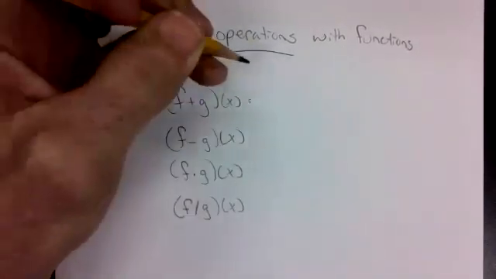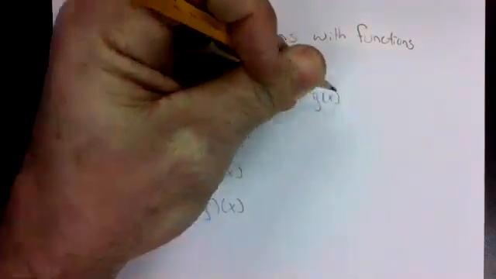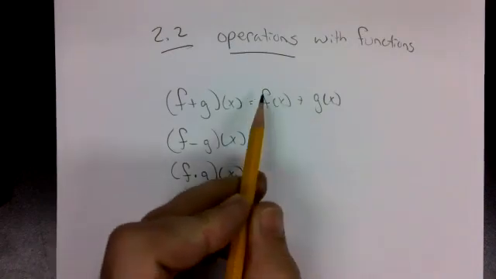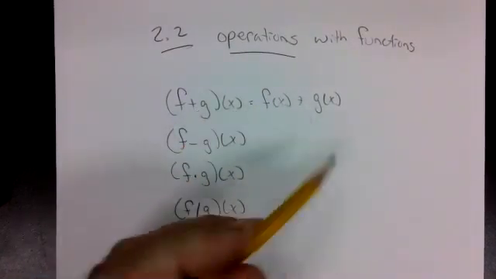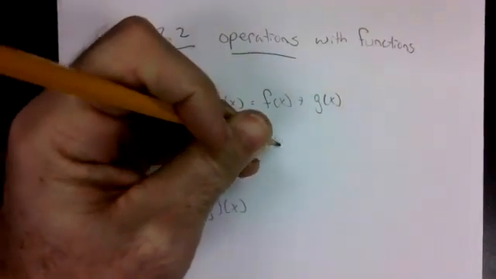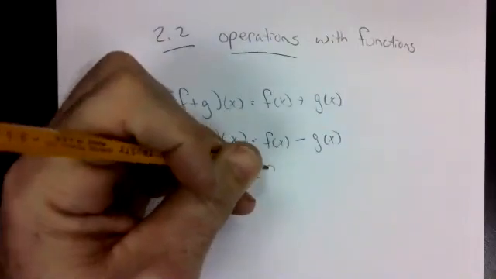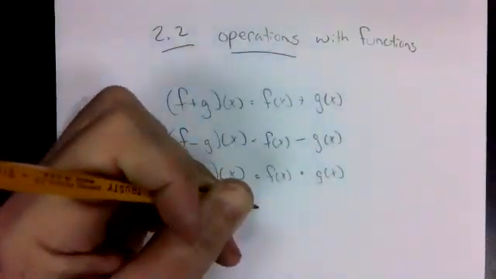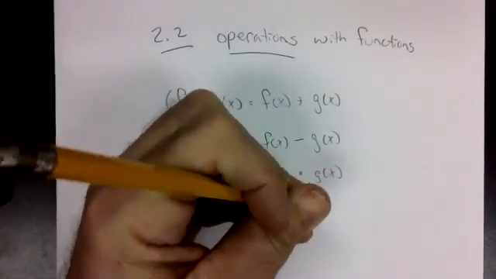And each of these implies evaluating the one function, evaluating the other, and then doing the operation in between. So again, addition means to add, or subtraction means to subtract. Or guess what? Multiplication would be to multiply. And division would be to divide.